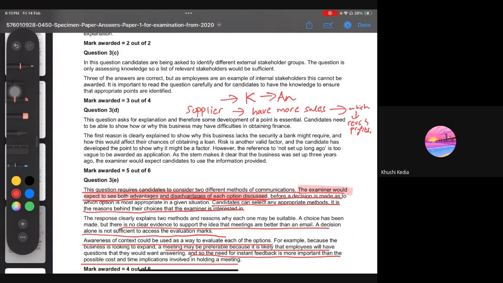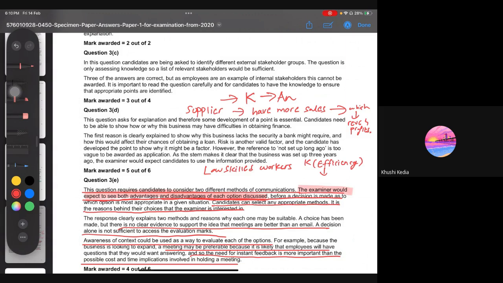Or if the point already given in the question was, what are the drawbacks of having low skilled workers, you will say the knowledge point: their efficiency will be low, or productivity will be low.